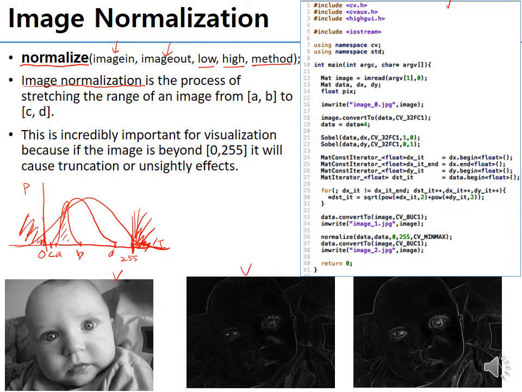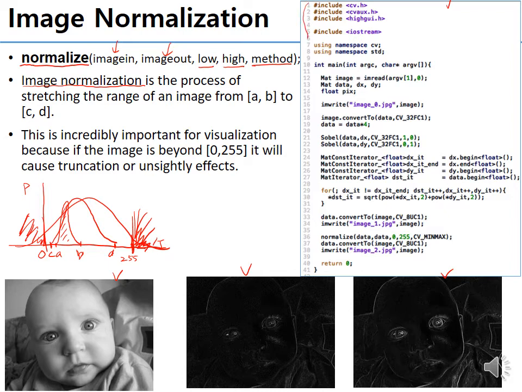So this is the result, but when we normalize this image, we can get a more intense and balanced image, so we can see the edge more easily. So let's look at that example code.